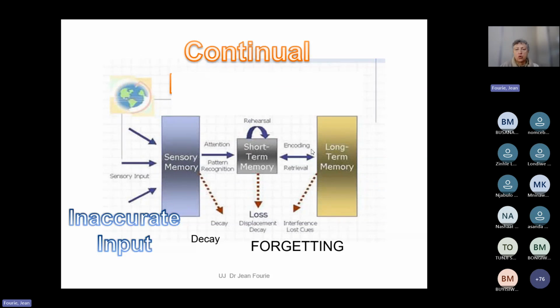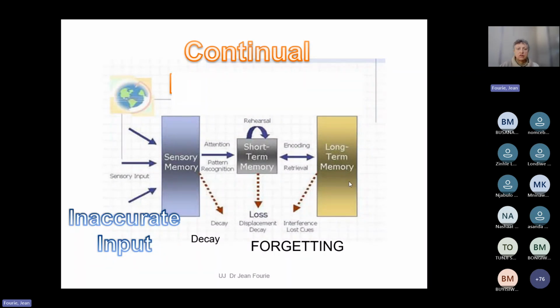And if we don't recall these things regularly, retrieve them into short-term memory, there is a constant loss happening there. So all of these are contributing to the idea that we are forgetting information on a regular basis, and the information that is being encoded into our long-term memories is often inaccurate and part of the information is encoded and not everything.